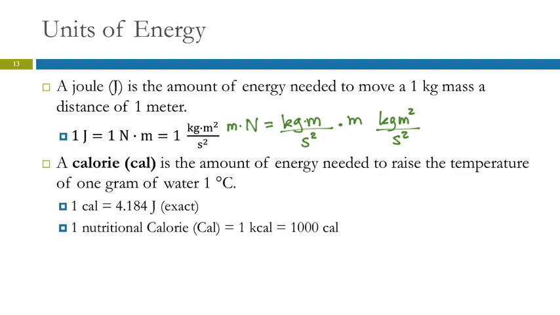And that's what a joule is. If you think about mass times velocity squared, right? So mass being kilograms, velocity being meters per second. So kinetic energy is 1/2 the mass times the velocity squared. So that's where all these units are coming from.